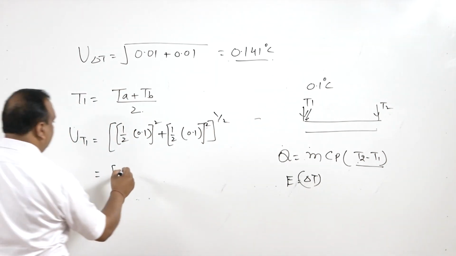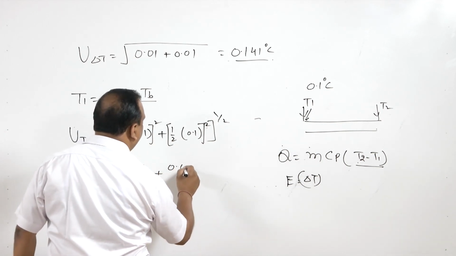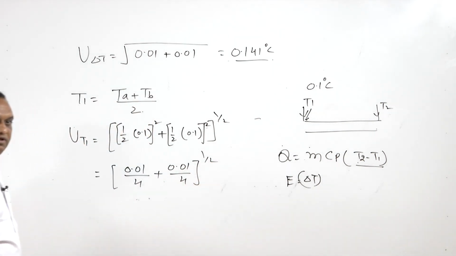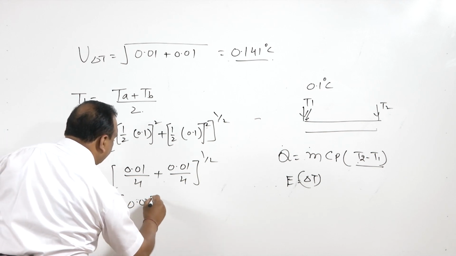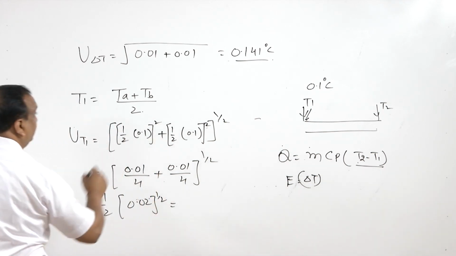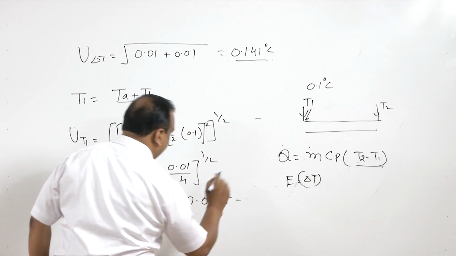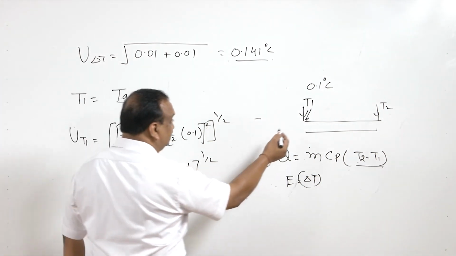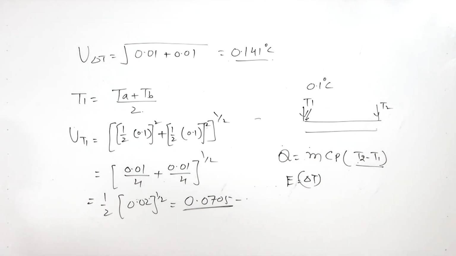now we get 0.01 divided by 4 plus 0.01 divided by 4, raised to power 1 by 2. Or we can say it is half of 0.02 raised to power 1 by 2, or it is 0.0705 or so. So you can see when we are putting two thermocouples, we have improved the uncertainty in the measurement.